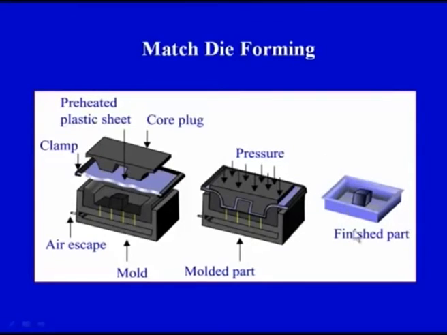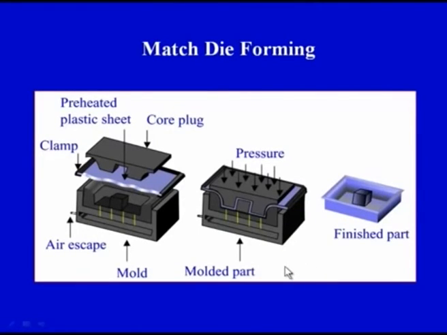So basically we can see again three stages are there: preheated plastic sheet, stage number 1, application of pressure by the punch and the die type of arrangement, stage number 2, heating, forming and cooling inside the mold, and finally the ejection of the product from the mold, and this is a usable product which has been made by the matched die forming process.